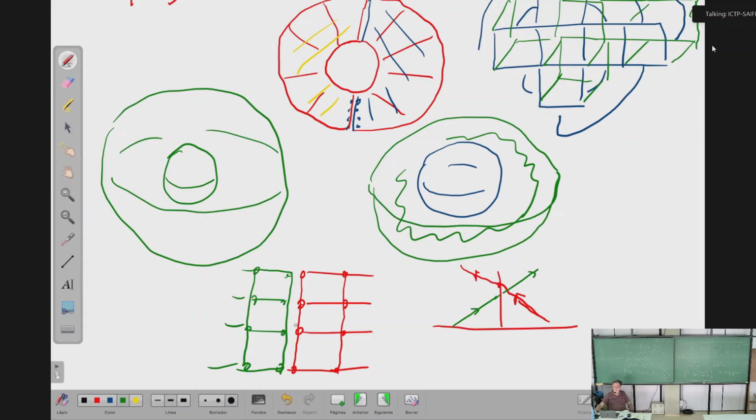And the metric here, when I do the calculation, is the same for both sides, because this surface is the same for both.